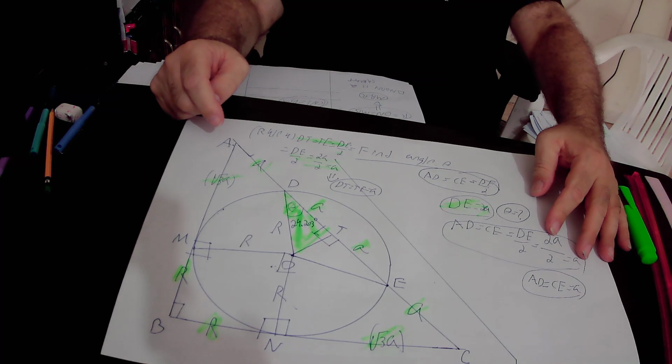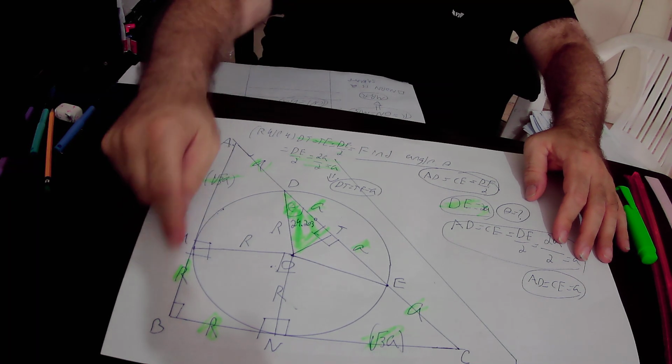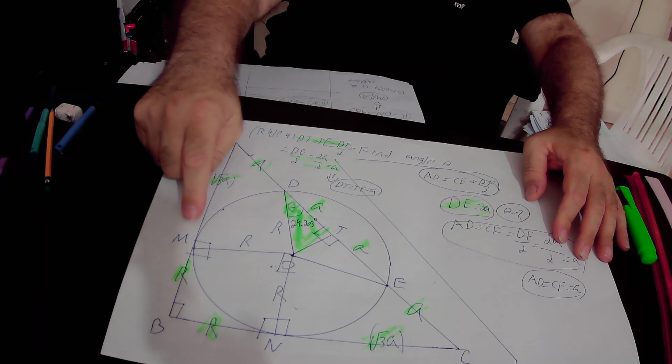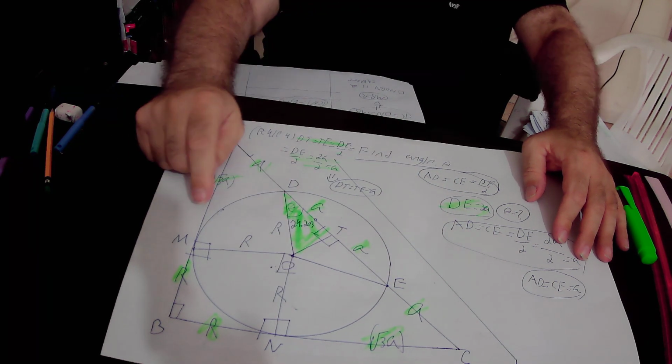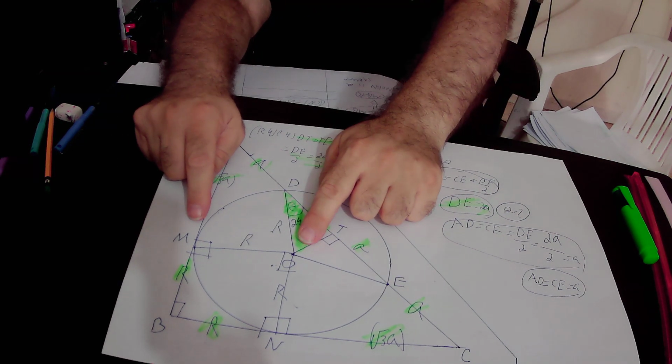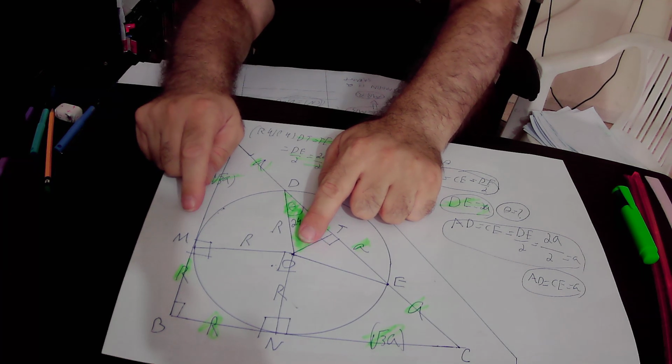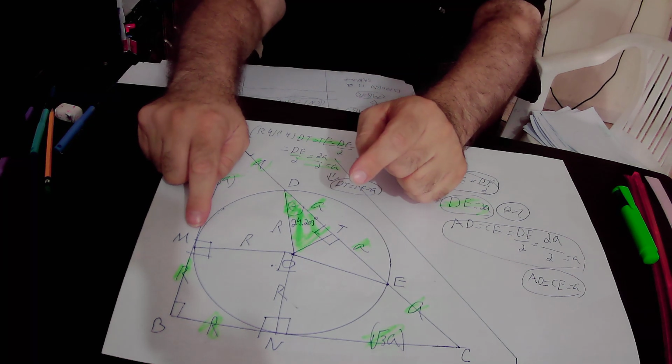Then we define the point of tangency of tangent AB with this circle as M, and the point of tangency of tangent BC with this circle as N. We join points O and M by a straight line. Point O is the center of the circle, and point M is on the circle itself.